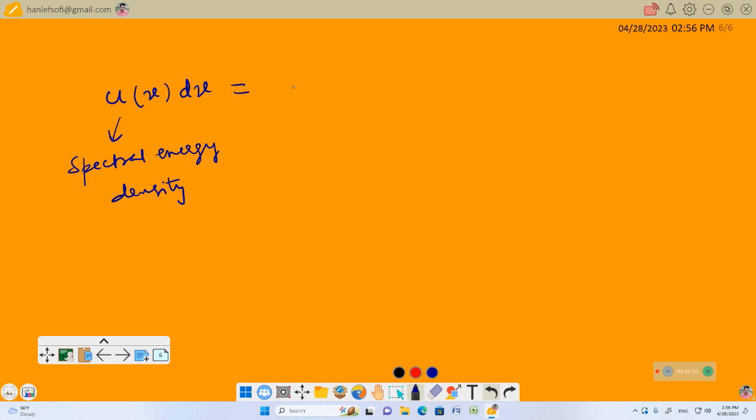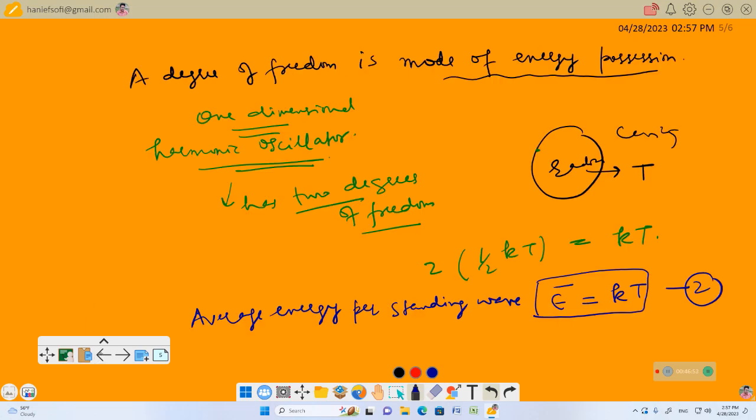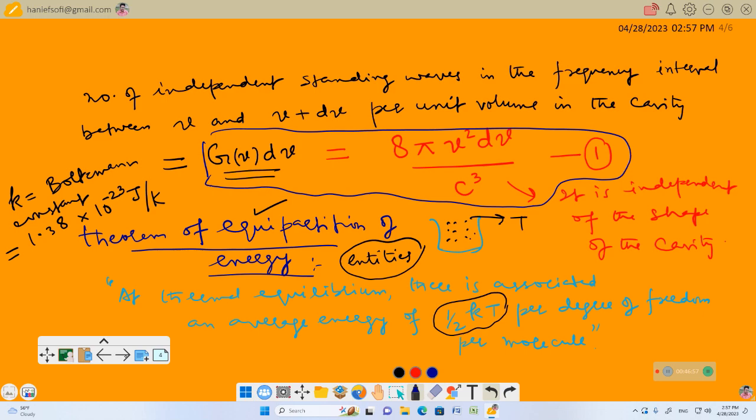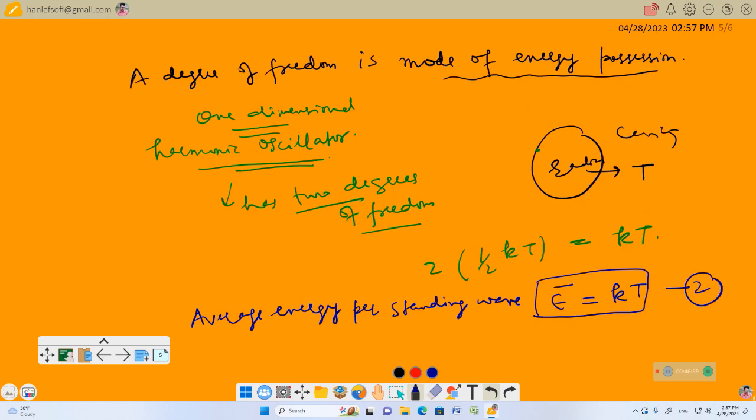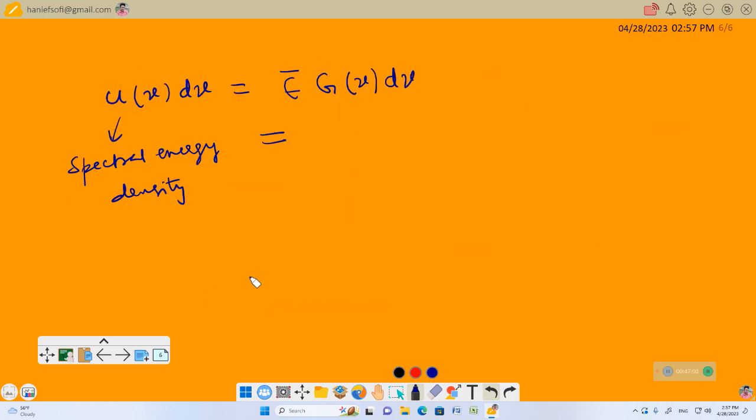It is simply what? You have to multiply the average energy per standing wave with the number of standing waves per unit volume available in the cavity in this particular frequency interval. And you use equations first and second. That means you substitute for G nu d nu from first, and from second we substitute for the average energy.